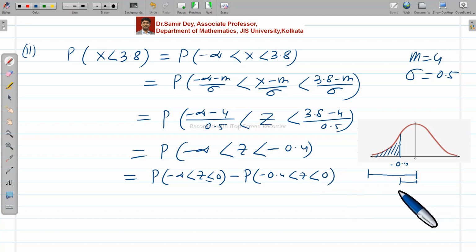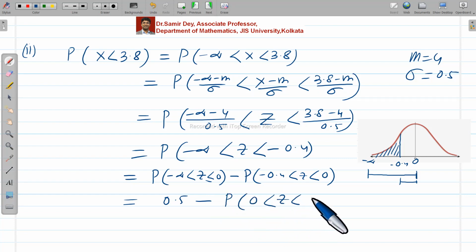Clear? So total value minus infinity to 0 and then this. So from here you already know the value is 0.5 minus probability 0 less than Z less than 0.4.